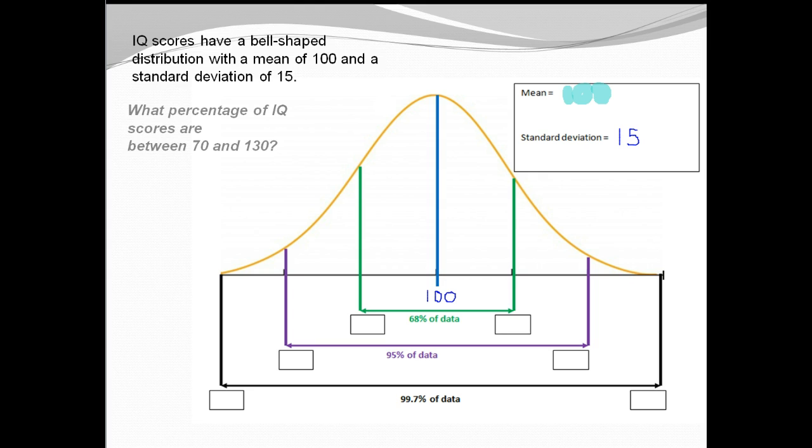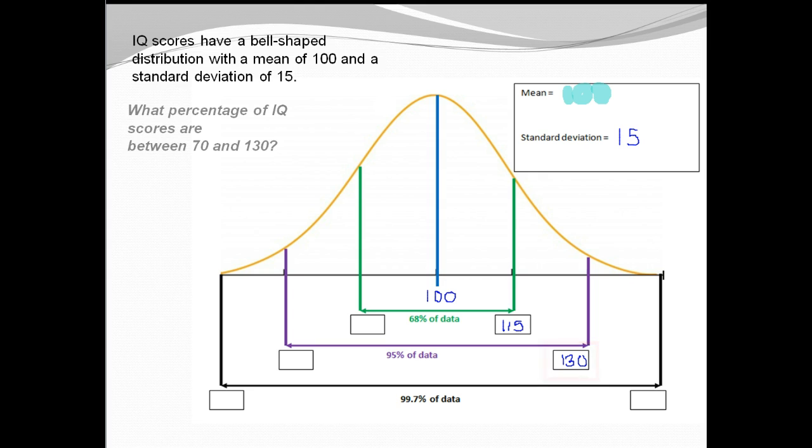So our mean is 100. On the right, we're going to add because we're going in the positive direction. So 100 plus 1 standard deviation gives us 115. Let's add 2 standard deviations on the next step. So 2 standard deviations was 30, so we're going to have 130.